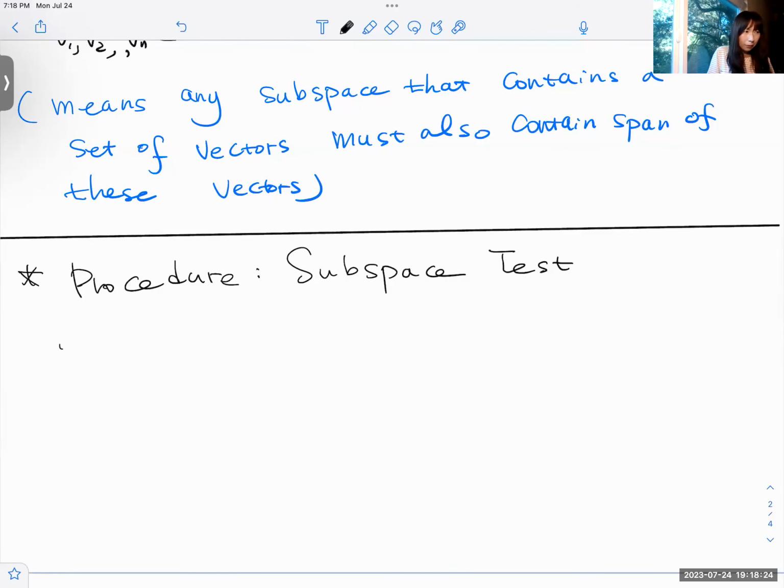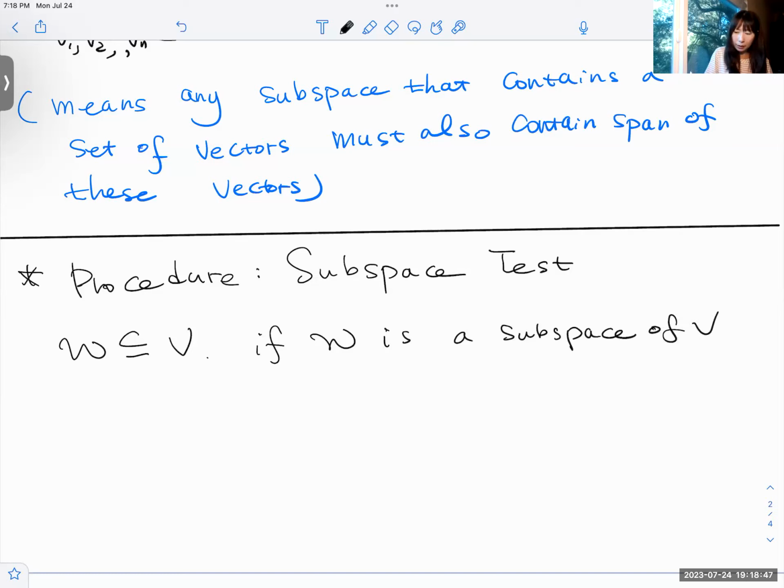Suppose we have W a subset of V. If W is a subspace of V, we must follow three conditions.